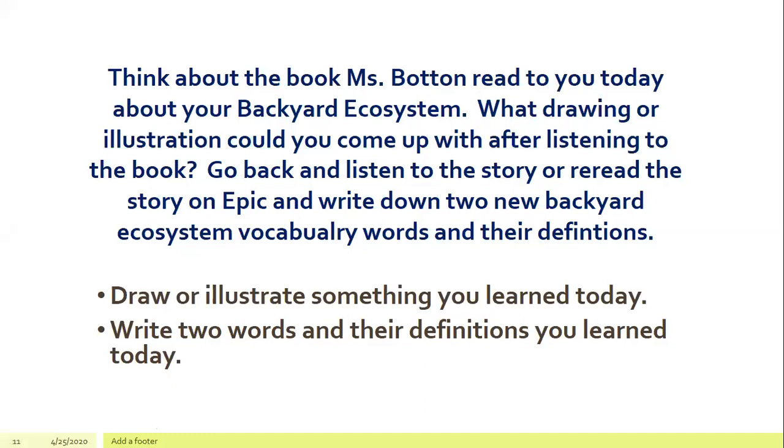What drawing or illustration could you come up with after listening to the book? Go back and listen to the story or reread that story on Epic. Be sure to write down 2 new backyard ecosystem vocabulary words and their definitions. So 2 more things to do today for your writing. Draw or illustrate something you learned today from the ecosystem and write down 2 words and their definitions that you learned.